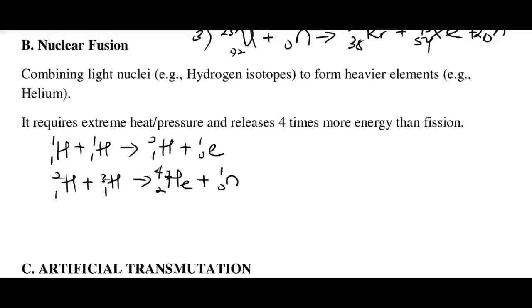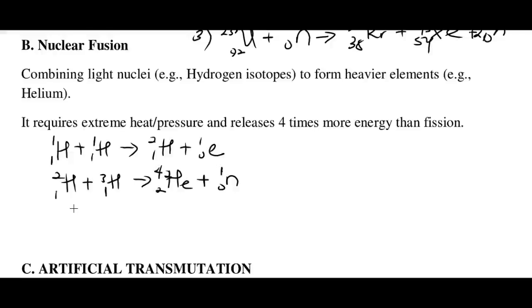So if you check, 2 plus 3 is 5, 4 plus 1 is 5. 1 plus 1 is 2, 2 plus 0 is 2. Like I said when we were treating decays, the sum of the molar mass on the left must be equal to the sum of the molar mass on the right. And the same is true for the atomic numbers.